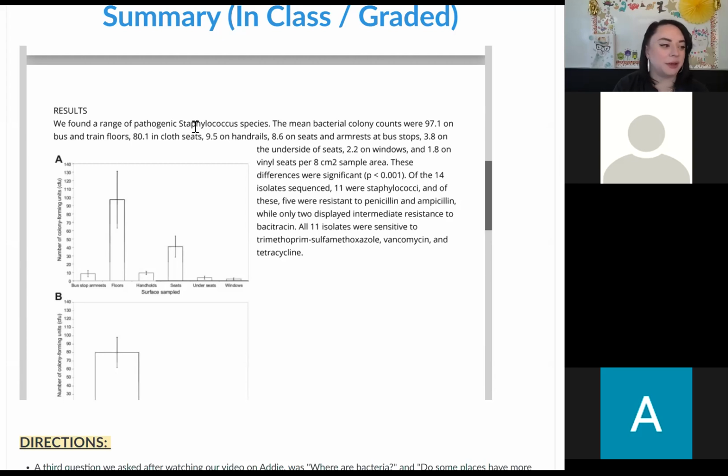Okay, so again, if I tell you that COVID is pathogenic, Ebola is pathogenic, what do you think they mean when they say they found a range of pathogenic species? It came from like an animal. Okay.